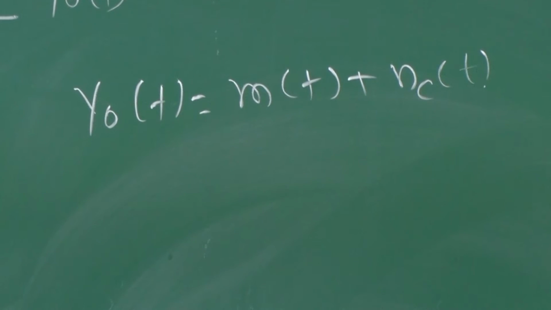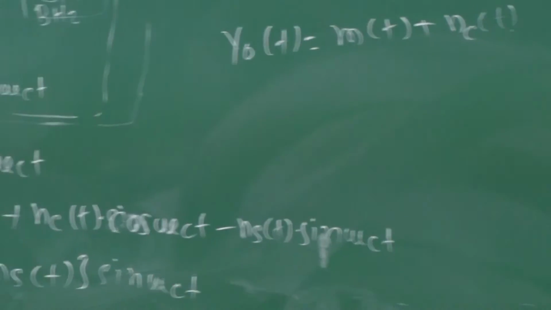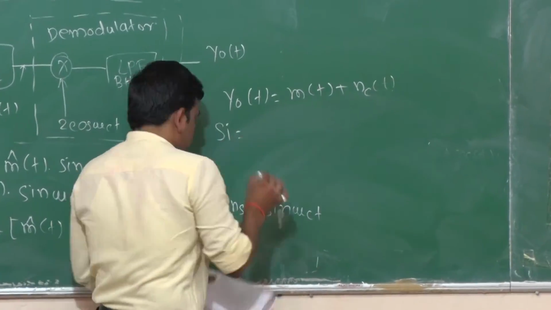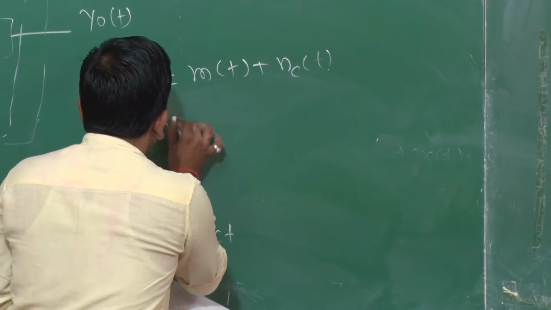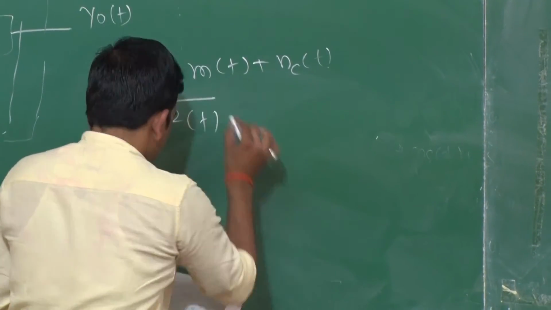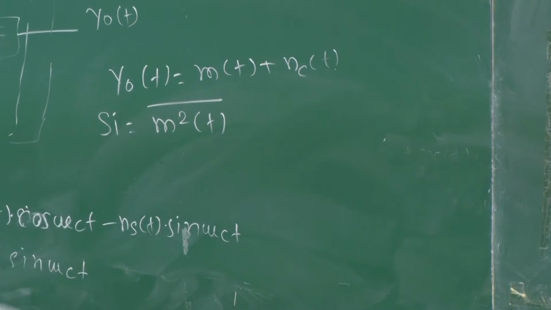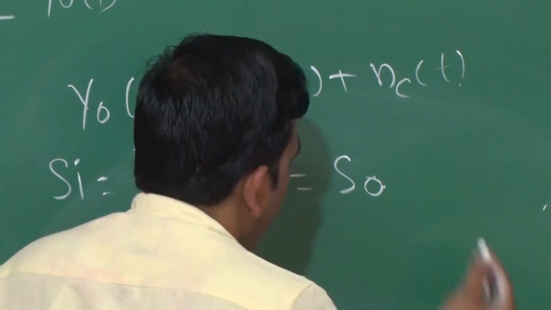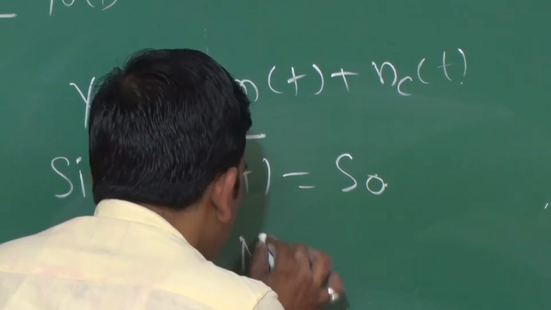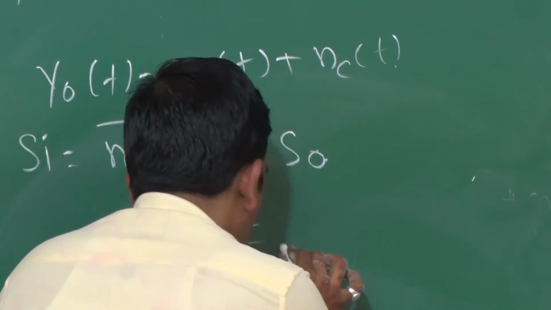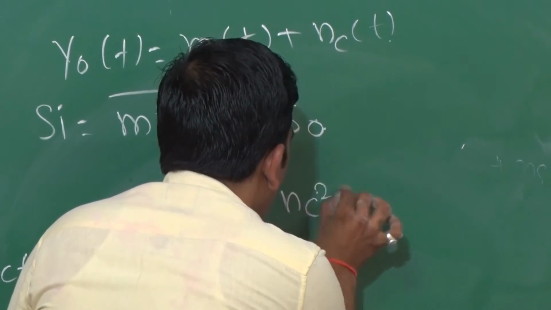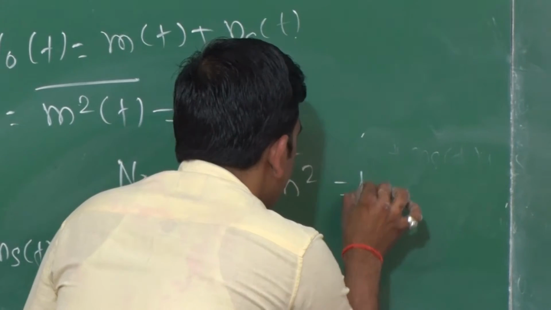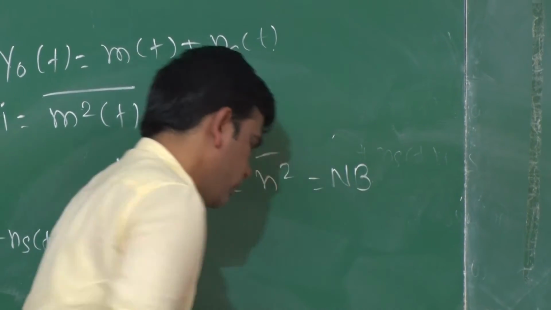And here SI, the input signal power, SI is equal to m square of t bar, that is equal to S0 and capital N0, capital NB.